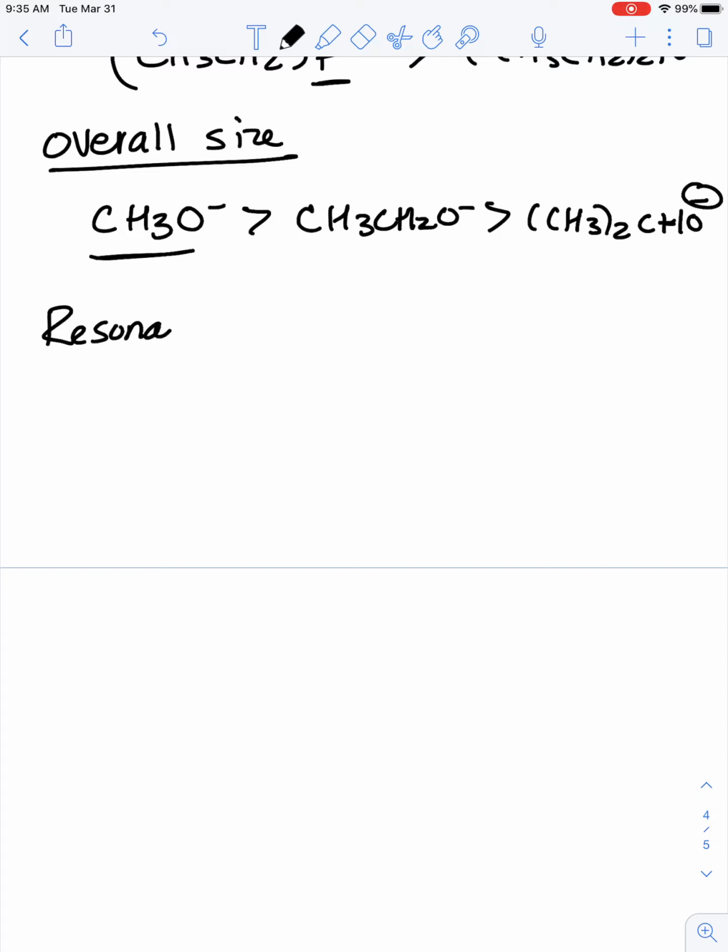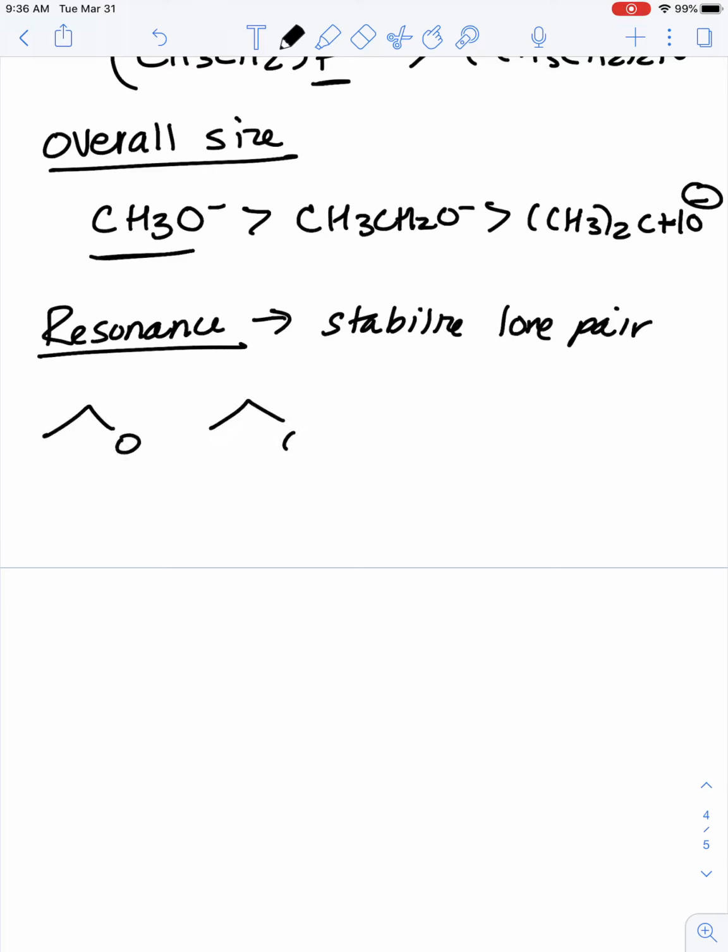If we think about resonance, think about what resonance does. It's going to stabilize the lone pair. So if we're stabilizing the lone pair, this is going to make the nucleophile less reactive. So if we have resonance, again, that's going to decrease the strength of the nucleophile.